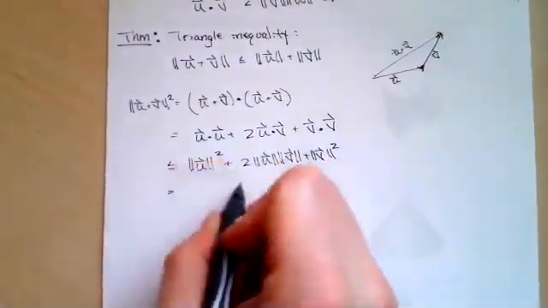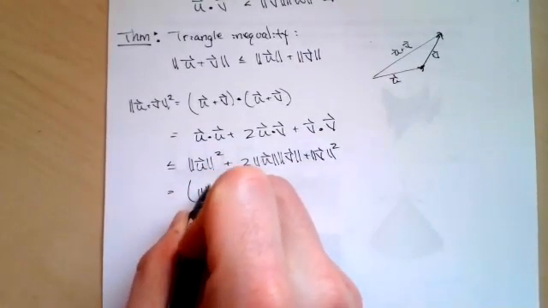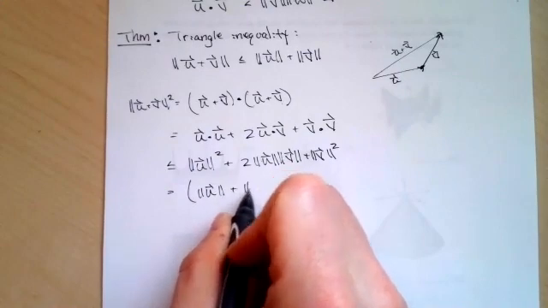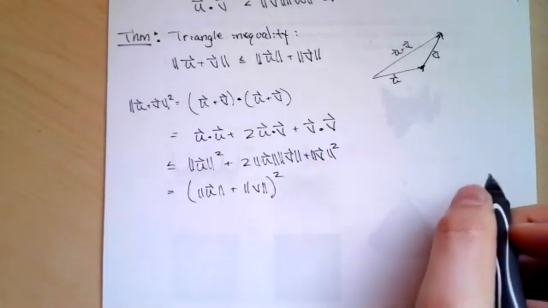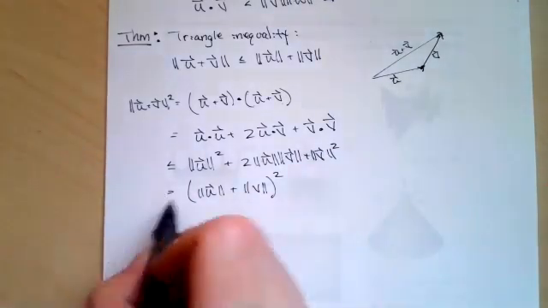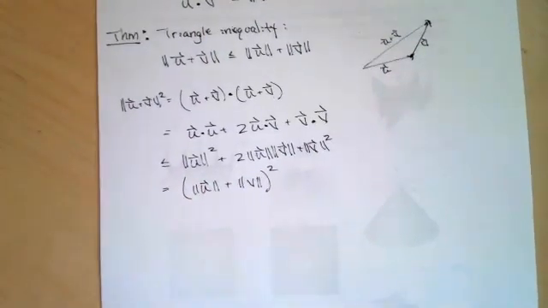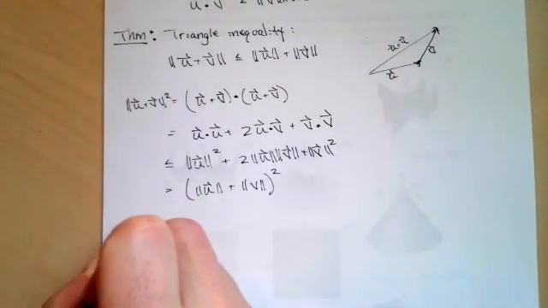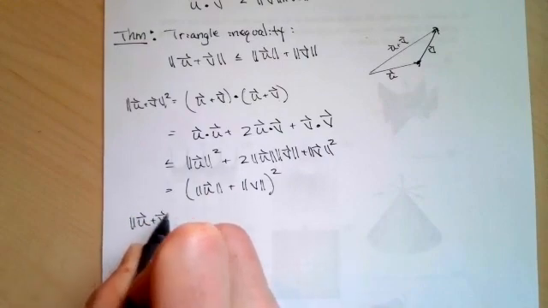And now this term on the right is a perfect square: the norm of u plus the norm of v, all squared. And so when we take a square root of both sides, since both of these terms are positive, we arrive at our conclusion.